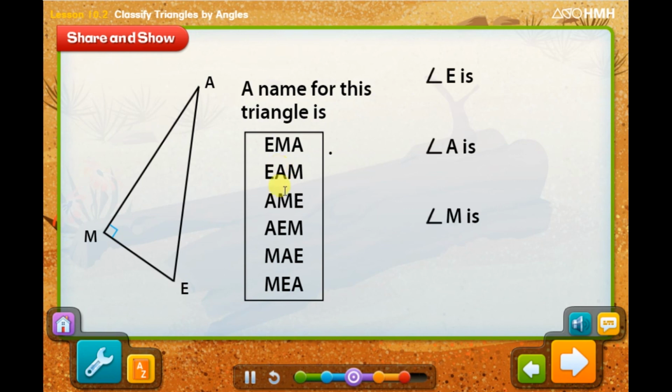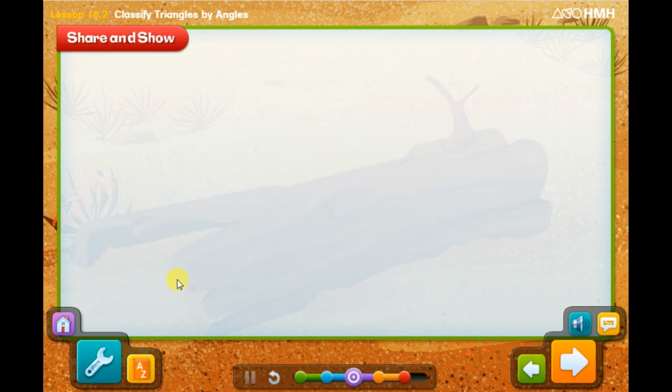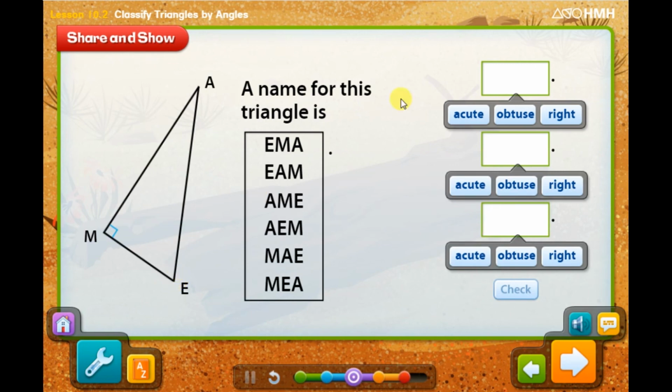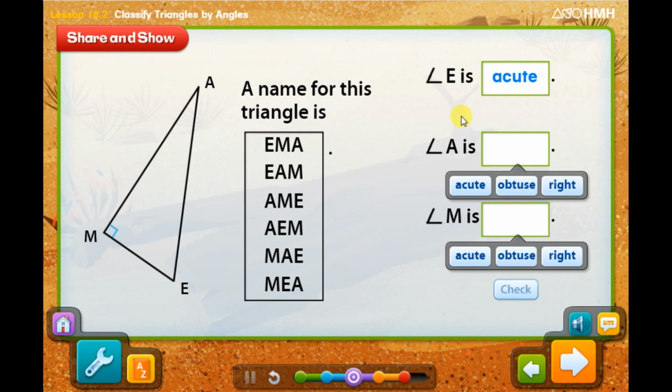What kinds of angles are in this triangle? Make your choices and click check when you're finished. Okay, let's see. First, angle. This shape means angle, right? We talked about it yesterday. Angle E. Where is angle E? It means this angle. What can you see here? It's a narrow and small angle, so it is an acute angle, of course.